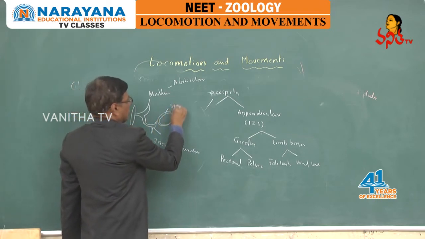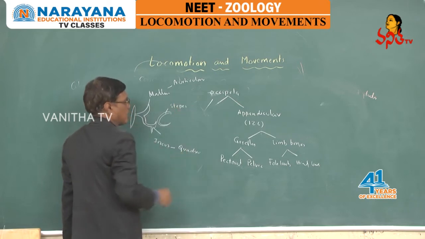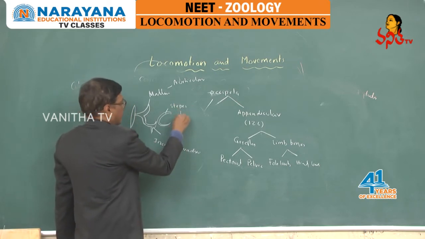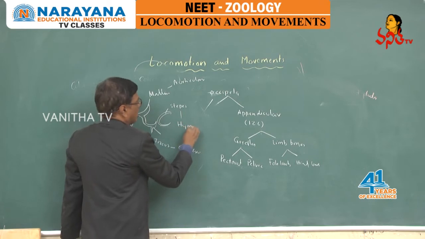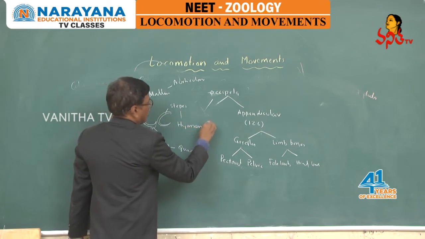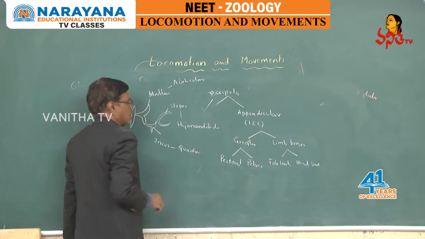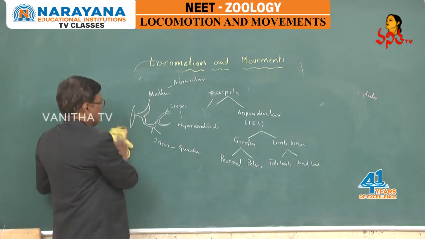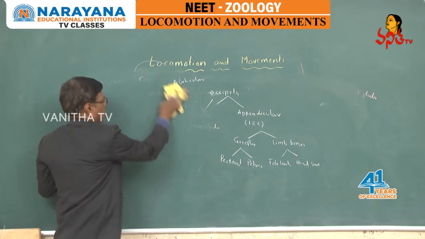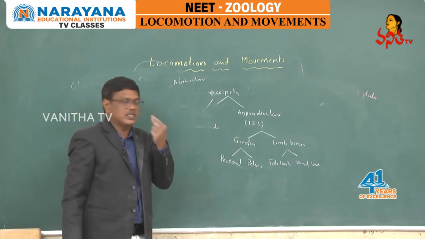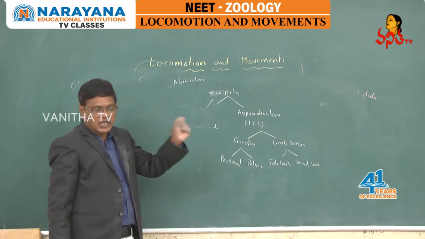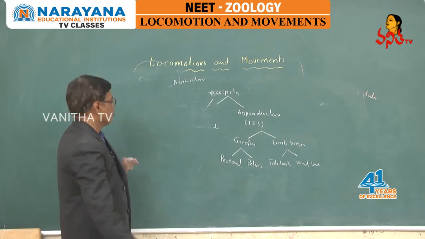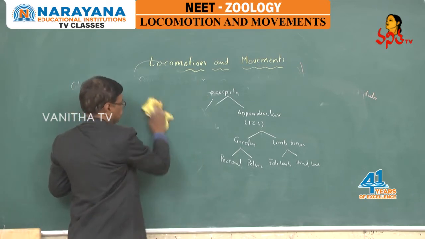Stapes, which is the smallest bone in our body, is a modified hyomandibular, of the second visceral arch of fishes. In each middle ear, a chain of three ossicles is present: malleus, incus, stapes, on this side three and this side three.